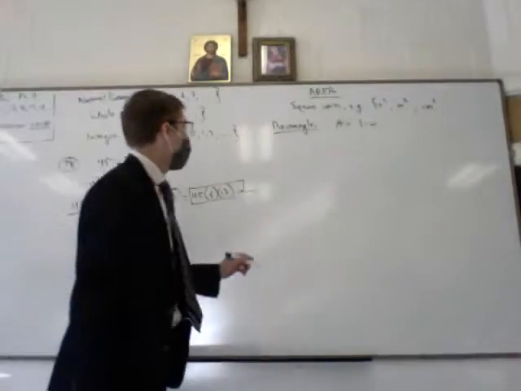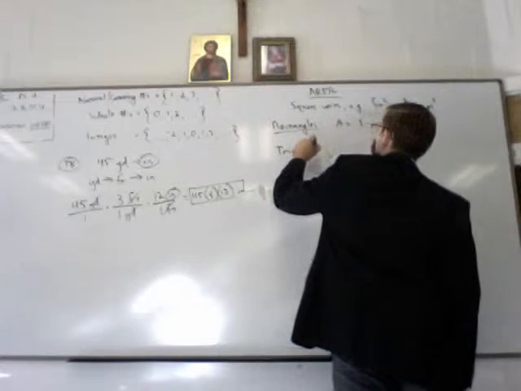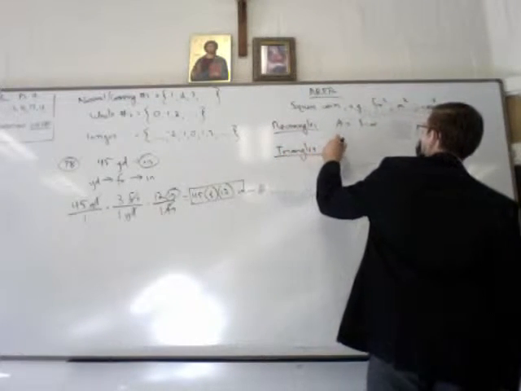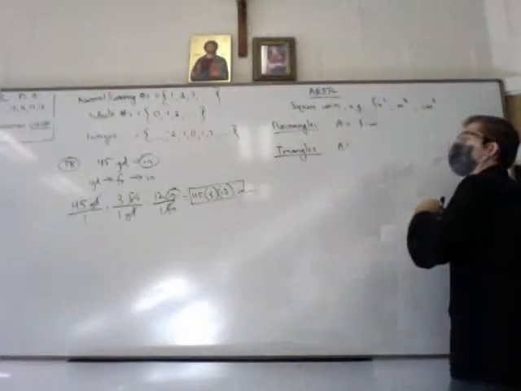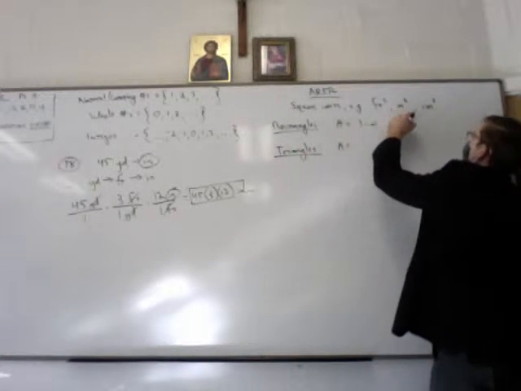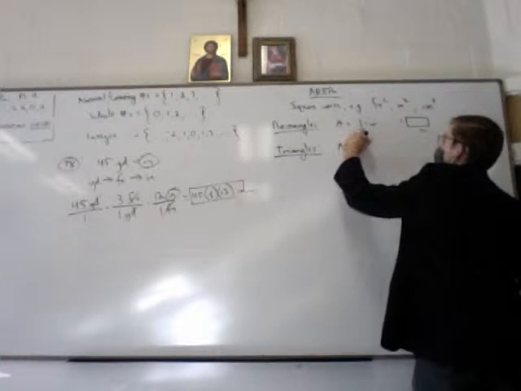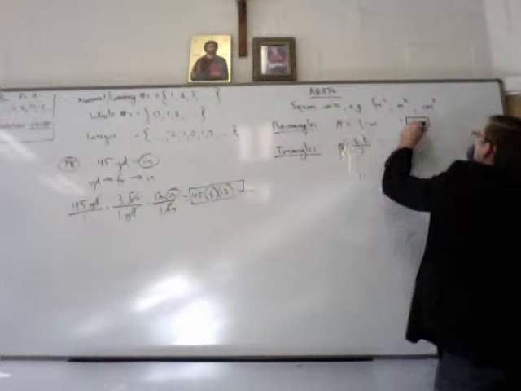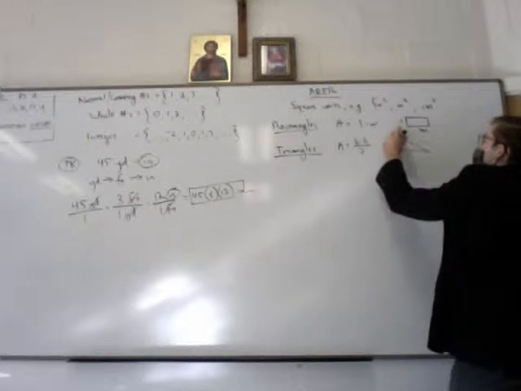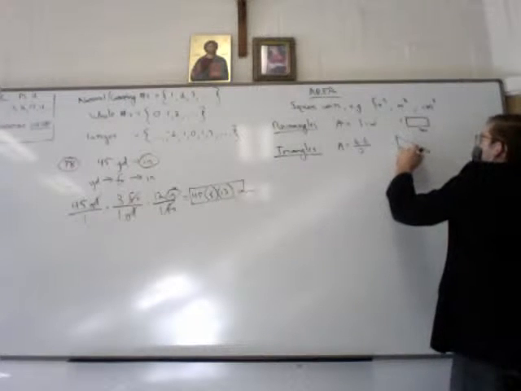Okay, a triangle on the other hand, how do you find the area of a triangle? Base times height divided by 2. Yeah, base times height over 2. Now when we talk about the base of a triangle, usually we just mean the bottom.